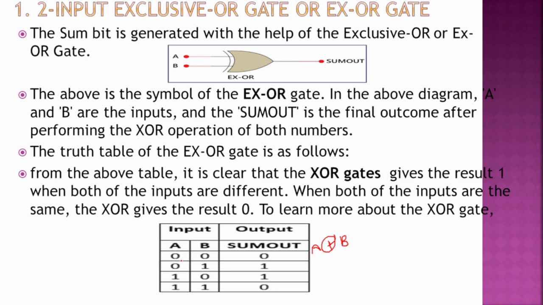If we have the same input values, we will get the output as 0. If we have different inputs, we will get output as 1. So here see, A is equal to 1 and B is equal to 0. So these are different inputs, so you will get an output as 1. And the last value is A equal to 1 and B equal to 1. This is the same value, so similar values mean you will get the low output value, that is 0.